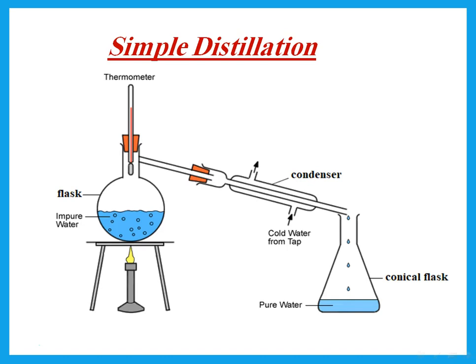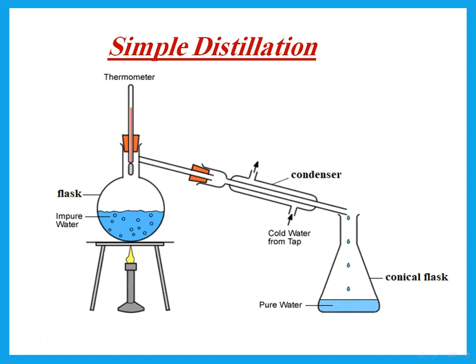Okay? Now, another method of separation is simple distillation. Now, when do we use simple distillation? We use simple distillation if we have a solution and I want the water. Remember, when we had a solution and I want the salt, I do crystallization. But if I want the water, then I do simple distillation. Remember that the thermometer determines the boiling point of the liquid.